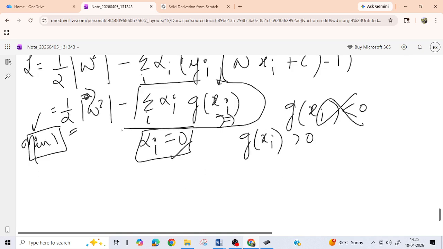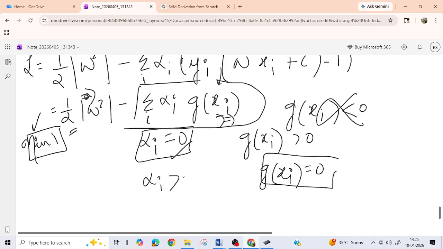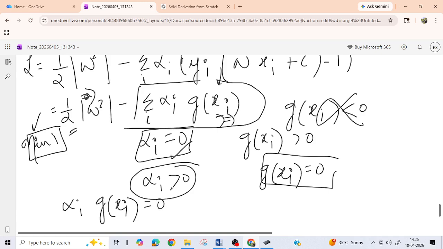The second case is, let's say g(xi) itself is 0, in which case it doesn't really matter, so alpha i can be greater than 0 as well. Therefore if we combine these two cases, what we get is alpha i g(xi) should be 0.